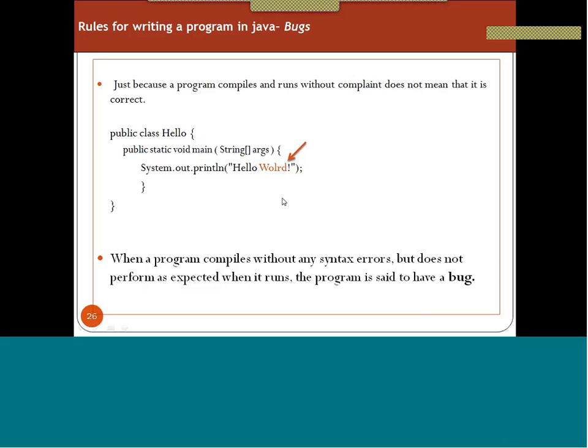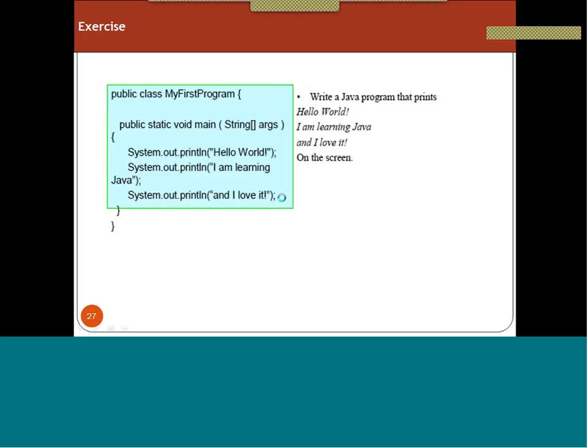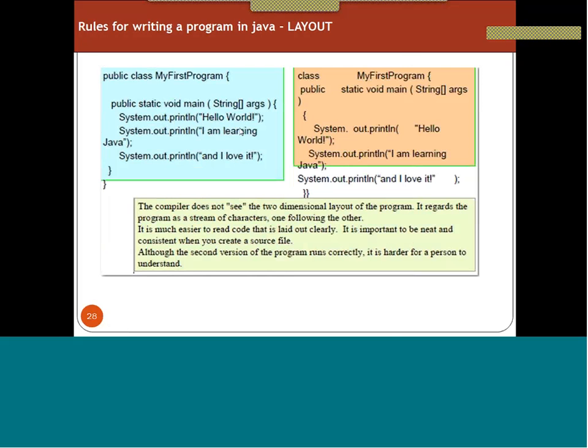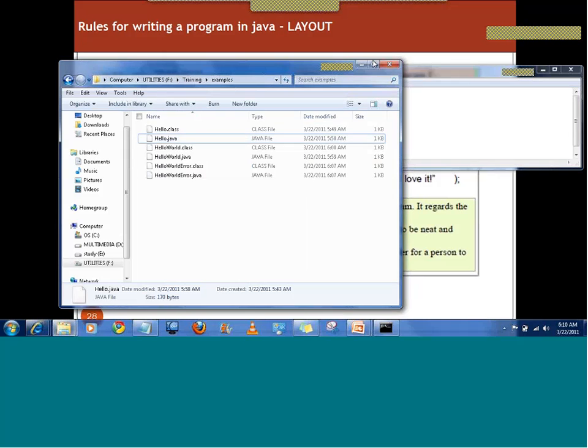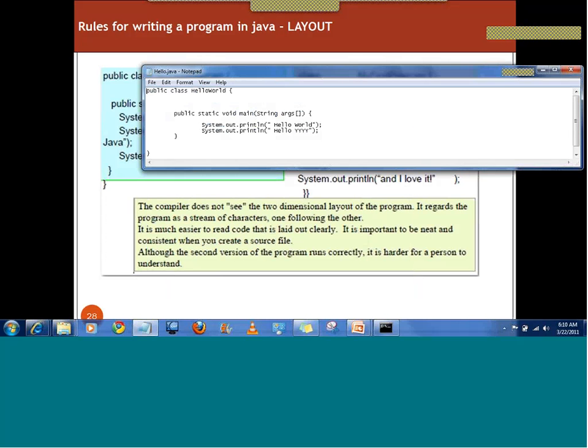Now comes the question of how to organize your code. I have written a program something like this. I'll open our initial program, Hello. See how it has been organized.